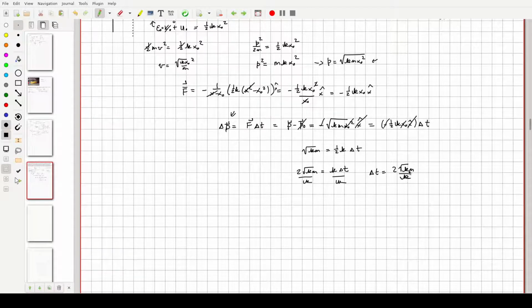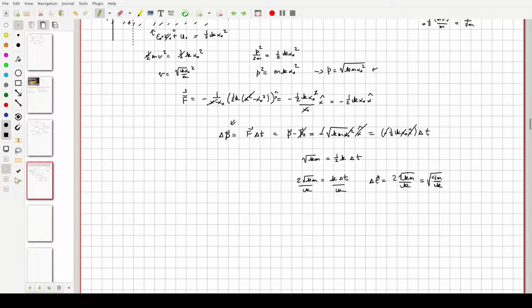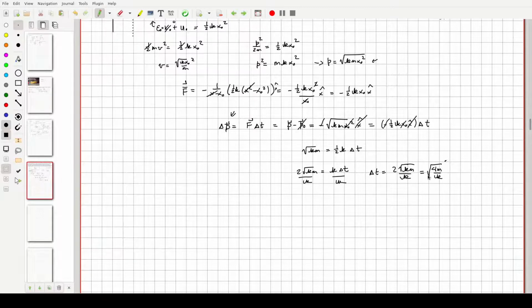The square root of k over k is the same thing as, this is actually the square root of km over k. It's the same thing as the square root of m over k. You have a 2 here. When it comes in, it'll become a 4. So this is how long it's going to take for it to go from this position over here, where it's been stretched, to the equilibrium position.